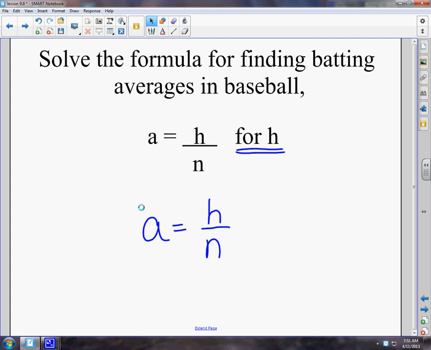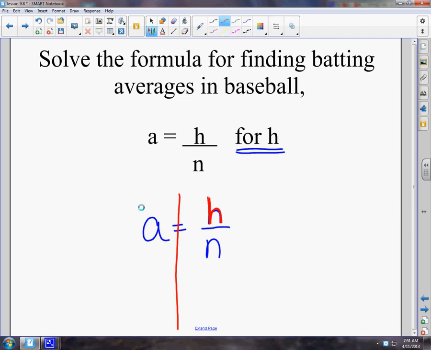All right, if I want to get H by itself, so I want just H, this is division. So I'm going to draw my line. I can't add or subtract to both sides because I don't have an addition or subtraction sign.